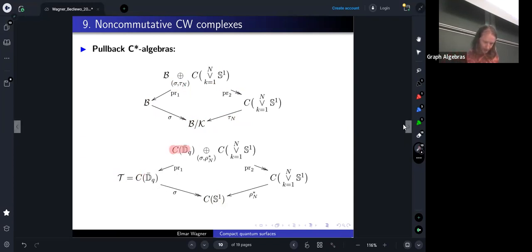Take the pullback diagram where we have a circle, and here we have a one-skeleton, and our Busby invariant, which we can identify with this pullback, tells us how to glue the boundary of this disk onto the one-skeleton.